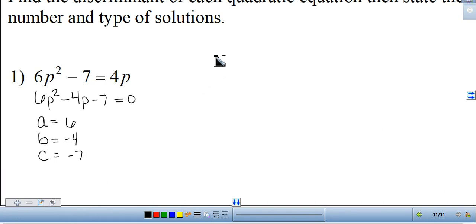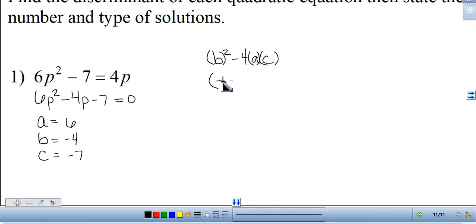Now, the discriminant is just the numbers underneath the square root. B squared minus 4ac. It's the part that I told you could put in your calculator. Don't forget to use parentheses, just like we did yesterday. So now I'll set the problem up.